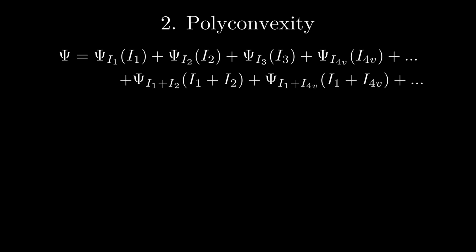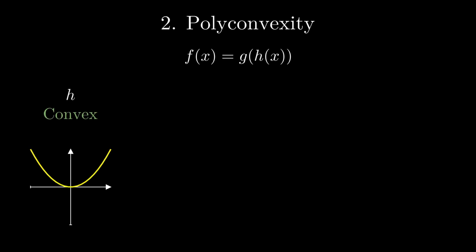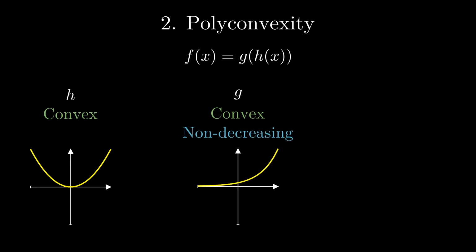But now, how to guarantee polyconvexity when the strain energy is in the form of composition of functions? To understand this, consider a simpler function f, which is obtained by applying a function g on h. If h is convex, g is convex and non-decreasing, then f is guaranteed to be convex.